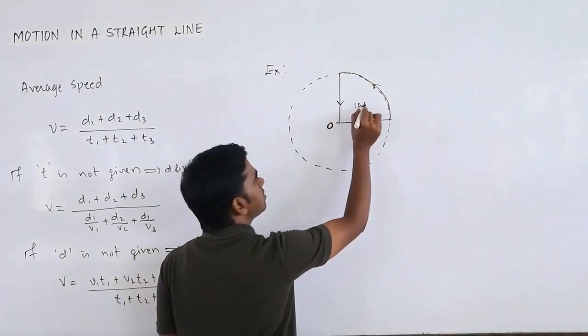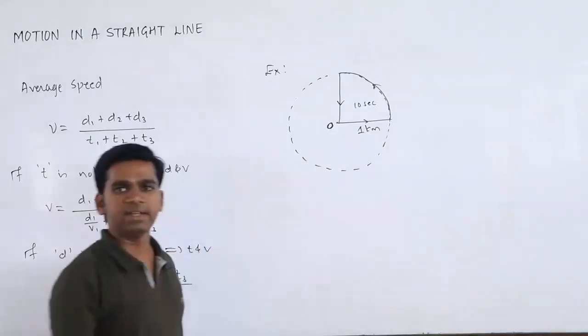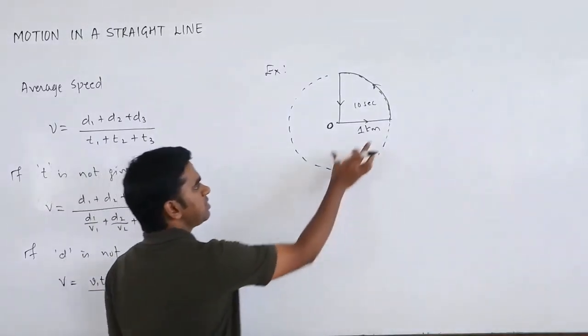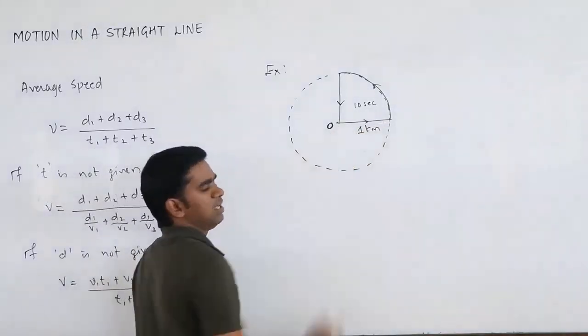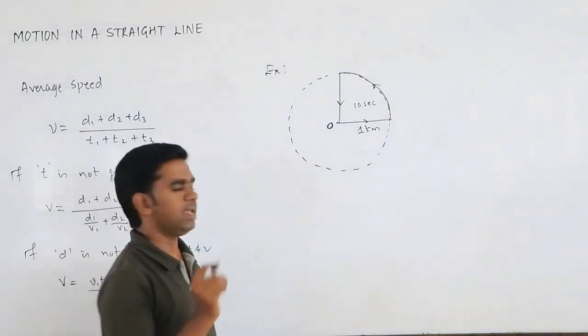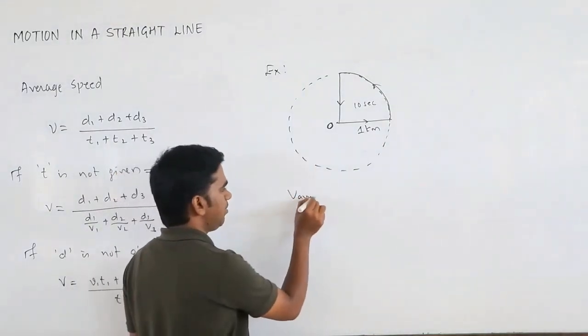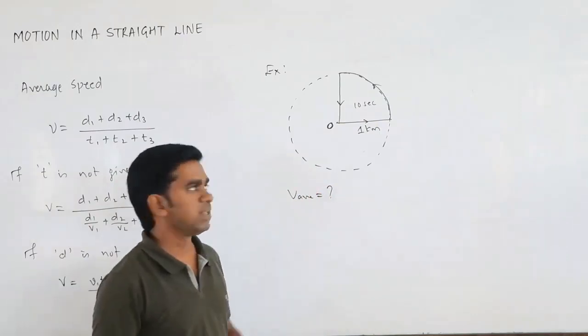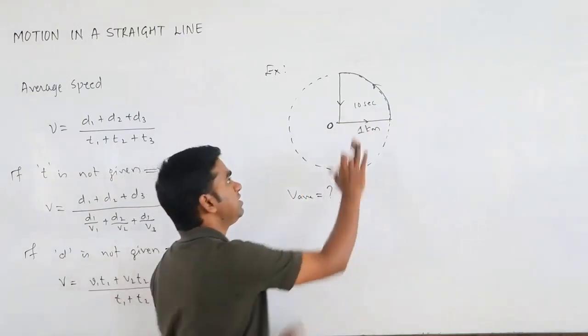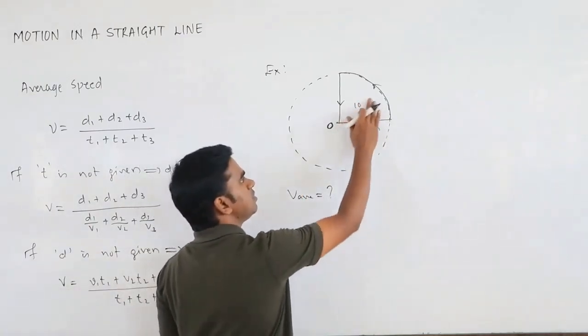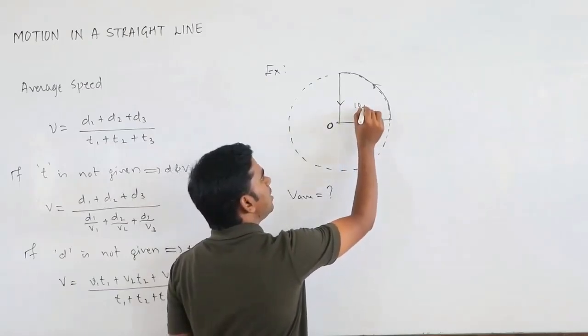Okay. So to travel this entire journey, to start from O and again come back to O, he will take 10 seconds. Total time taken is 10 seconds. So this distance is 1 kilometer. Now if we want to calculate average speed, what do you have to do? Total time is 10 seconds? 1 kilometer in 10 seconds is not possible, so take 10 minutes.